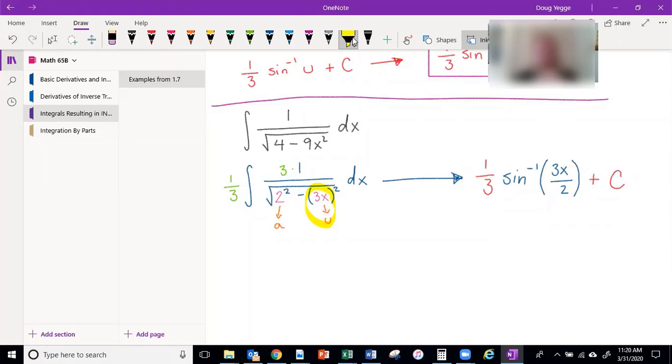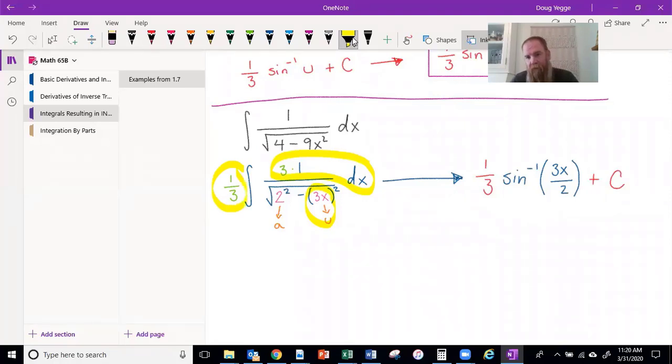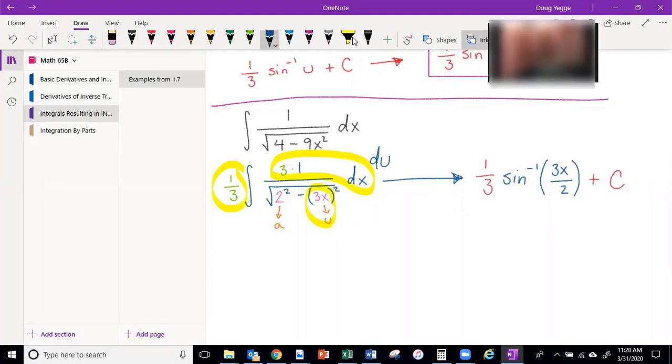The problem is if all I see is 1 dx, in order to see the du that's necessary, wouldn't I have to multiply by 3? But I can't just multiply a function by 3. So I compensate for multiplying by what I needed by multiplying the outside by the reciprocal. So notice that now this quantity up top is actually du, while now it has an extra factor of 1/3.